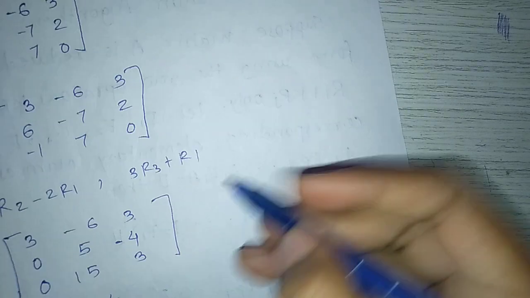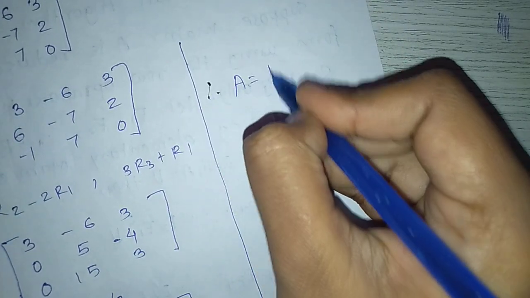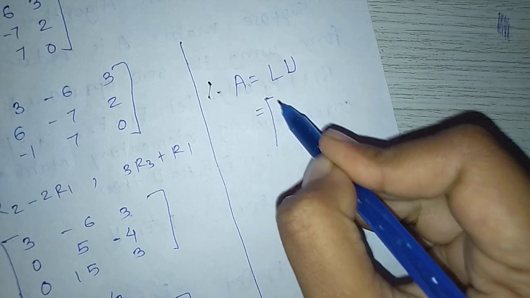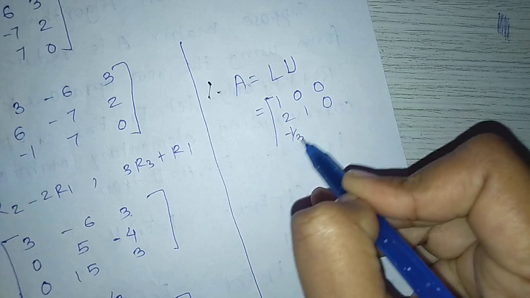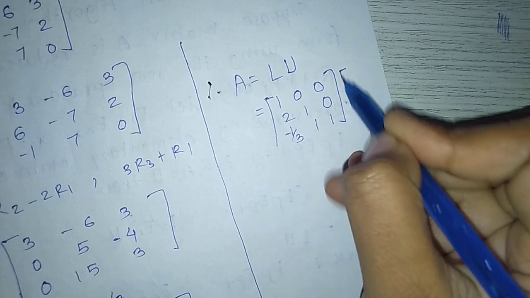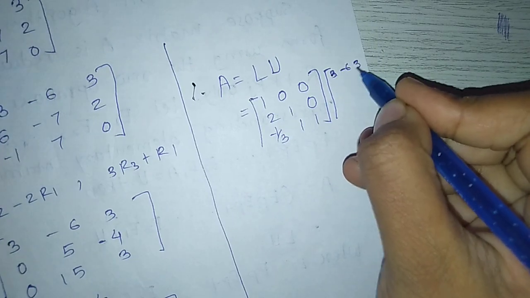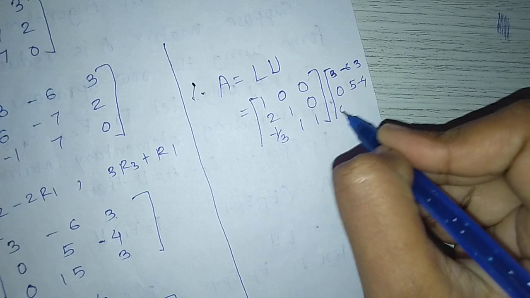Therefore, A equals L into U, where L is 1 0 0, 2 1 0, minus 1 upon 3 1 1, and U is 3 minus 6 3, 0 5 minus 4, 0 0 5.